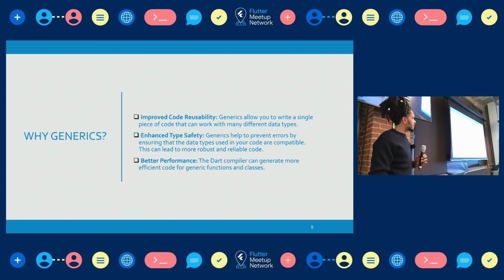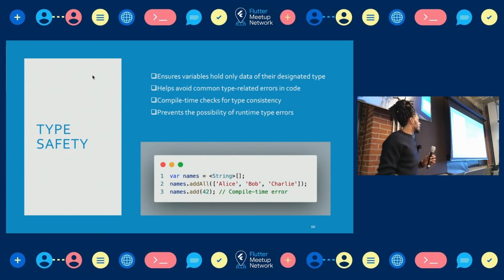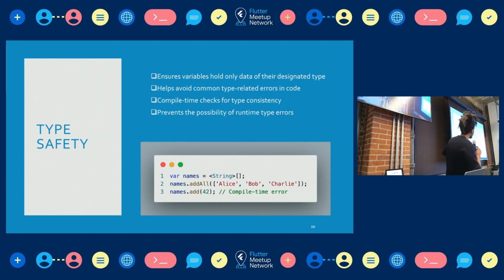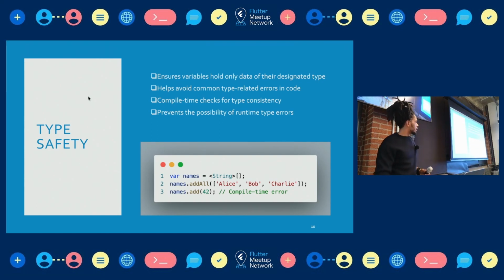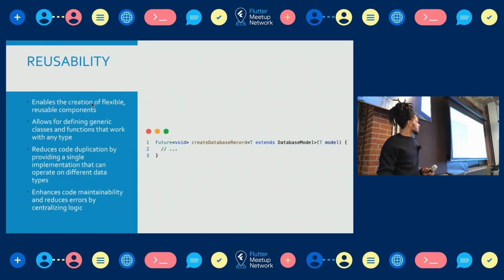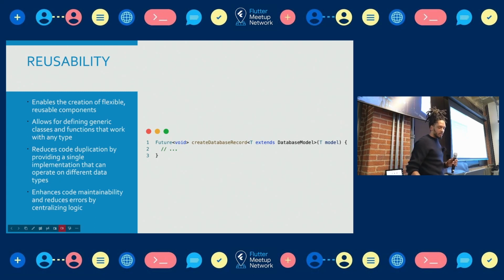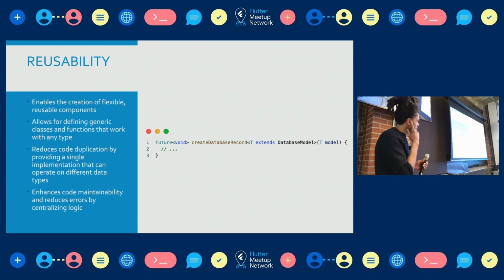If we look at type safety examples, well, I think we kind of looked at that, but you can see here we're using a collection literal of string. We can add strings, but if we try to add a number, compile time error, we can't do it. We talk about reusability. Reusability is a very important part of using generics.